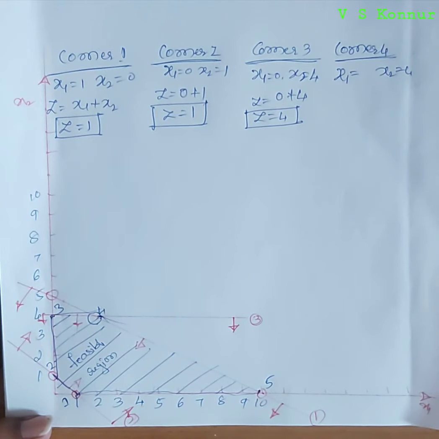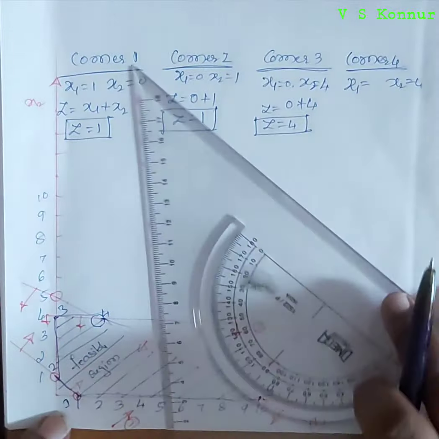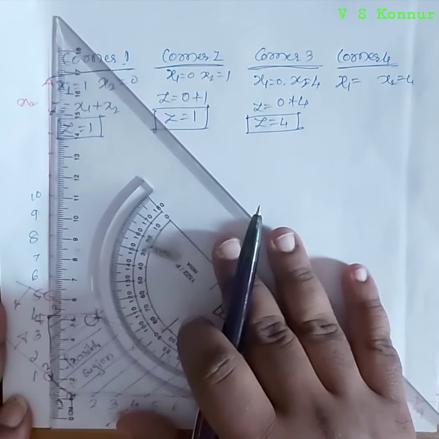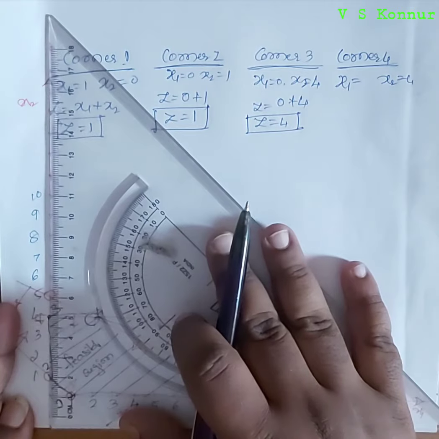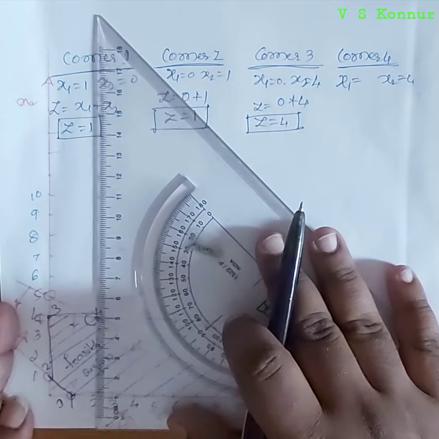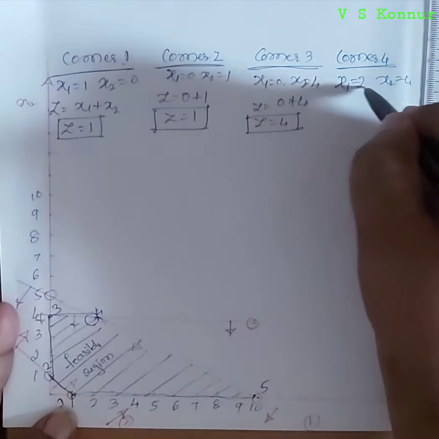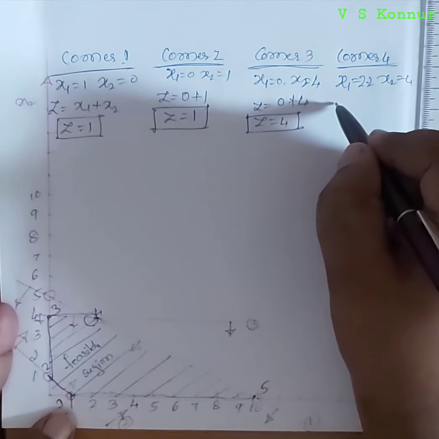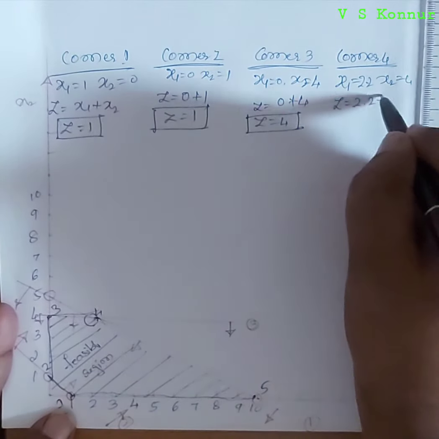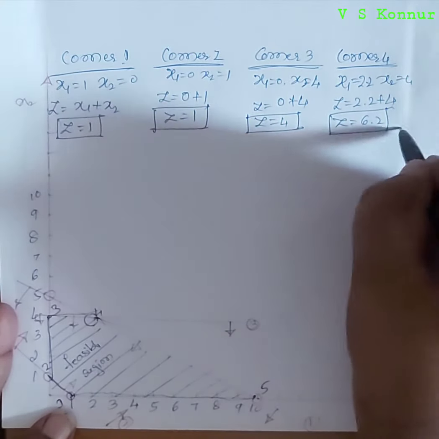Now we'll get x1 around 2.2. So x1 is around 2.2, x2 is 4. So we'll get z equal to 2.2 plus 4, that is z equal to 6.2 around.